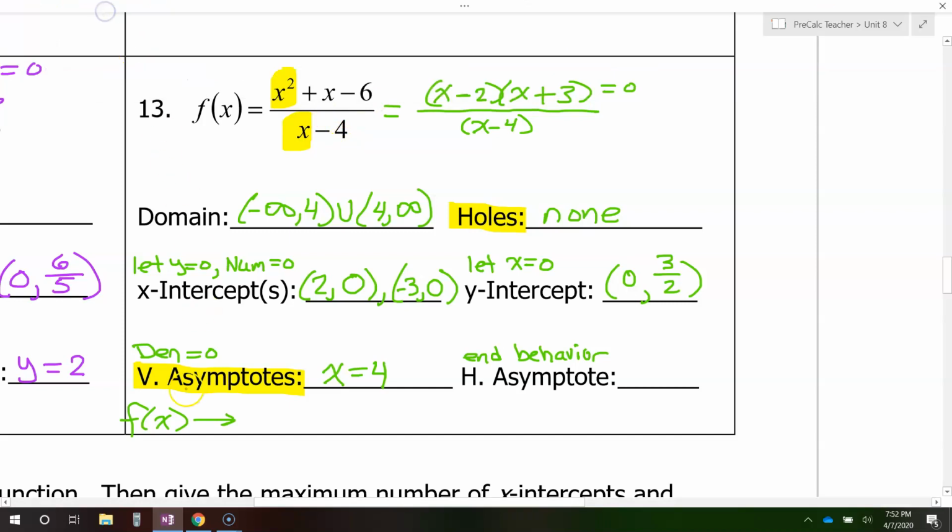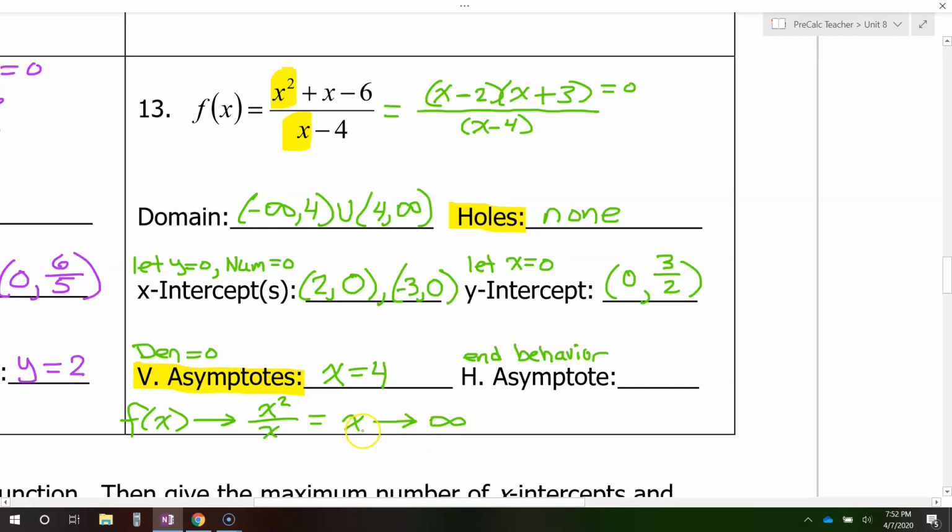So we see that as x approaches infinity, the function is approaching x squared over x. But then that would simplify down to x, because one of the x's will cancel out. And of course, as x approaches infinity, this is not a constant.